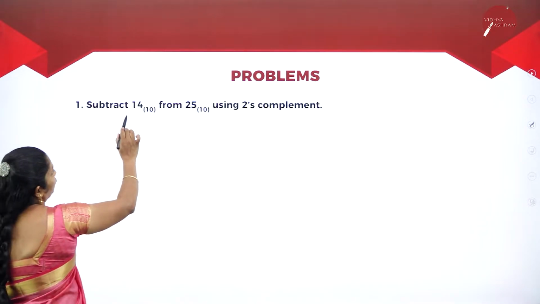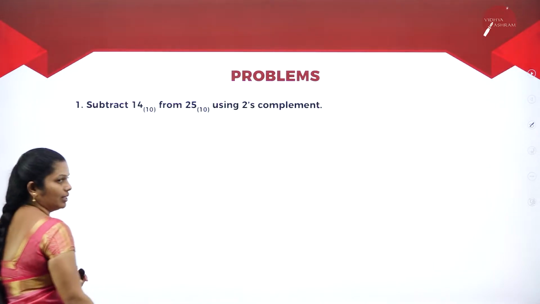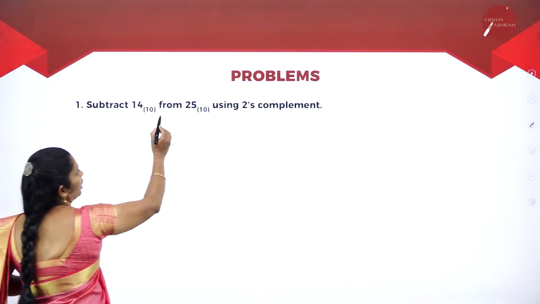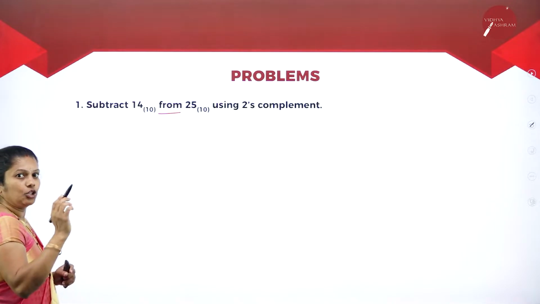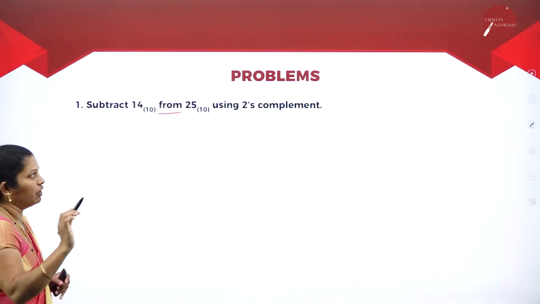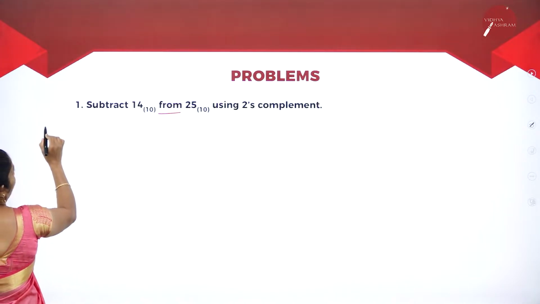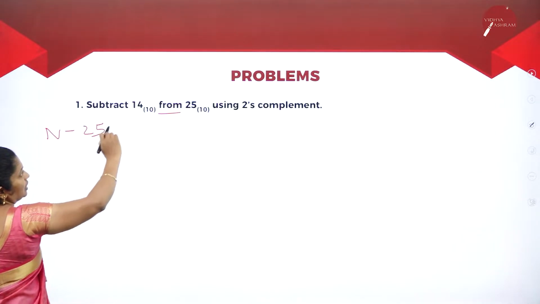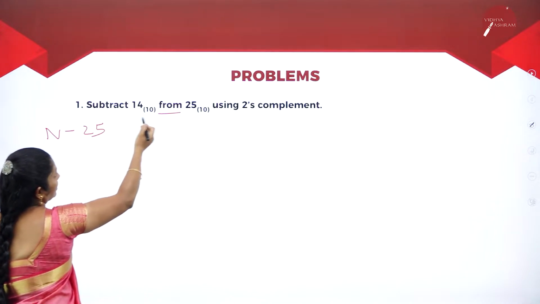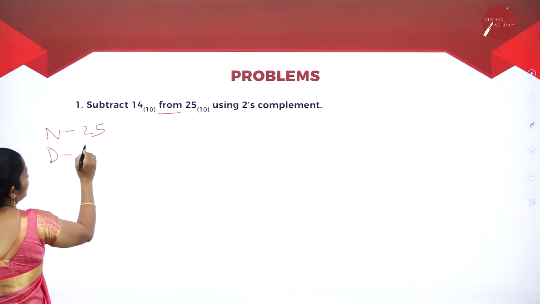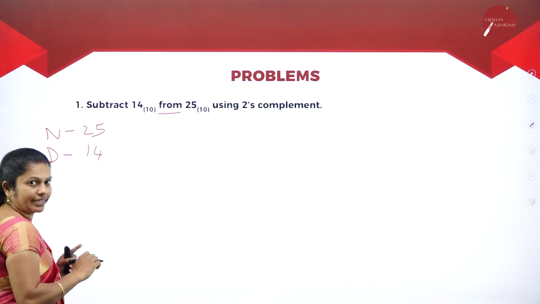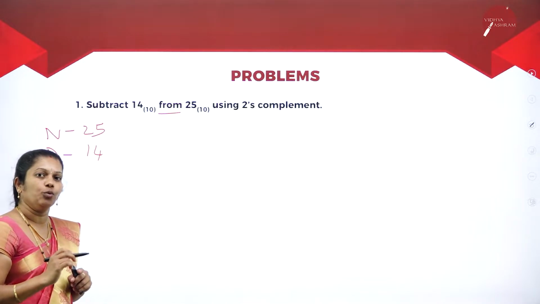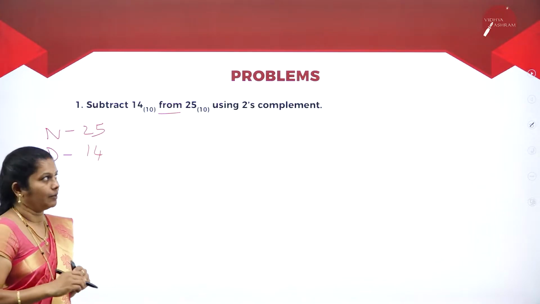In "14 from 25", the numerator, that is the minuend, is 25, and the denominator is 14. The numerator is called the minuend and the denominator the subtrahend.